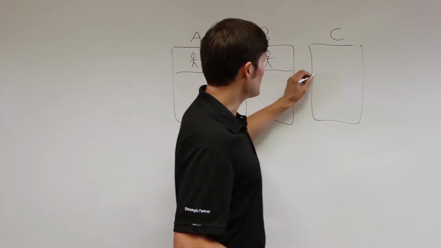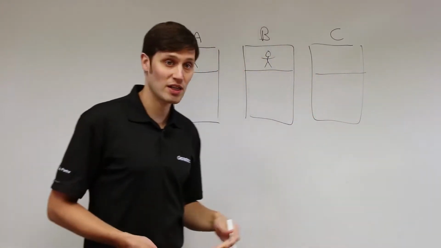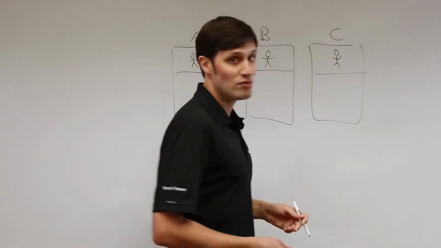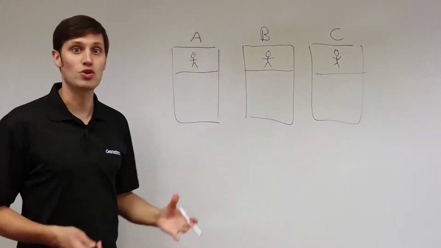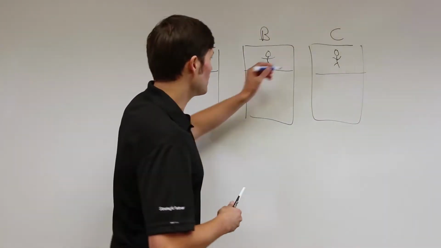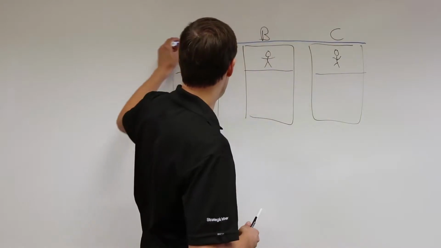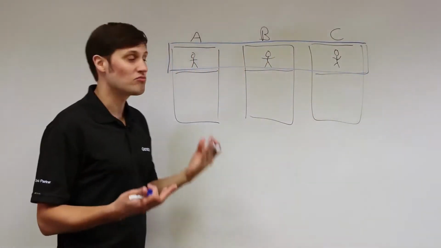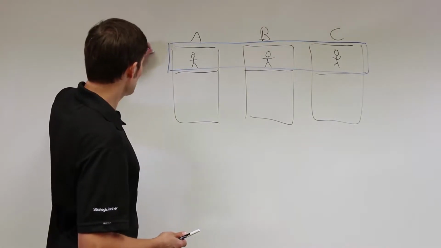Let's say they are from the engineering department. You want them to have access to the same resources, so you group them together within the same VLAN. So you say, as a network administrator, this will be VLAN, for example, 100.